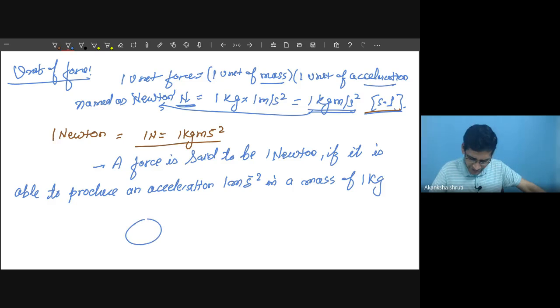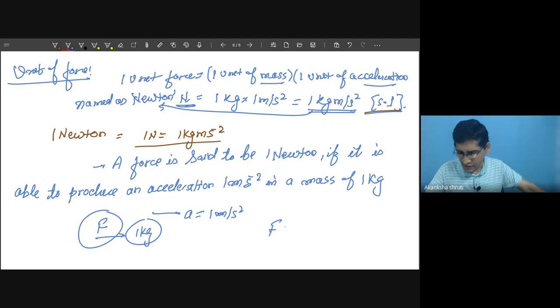Means if you are taking just 1 kg mass, you are applying the force so that the body attains an acceleration of 1 meter per second square, then the applied force is said to be 1 Newton. Okay, student? It simply means that.